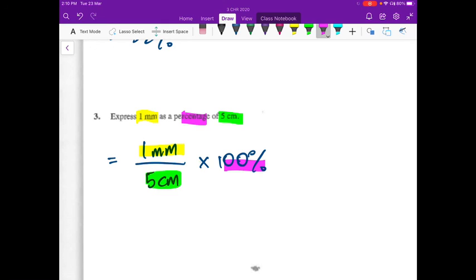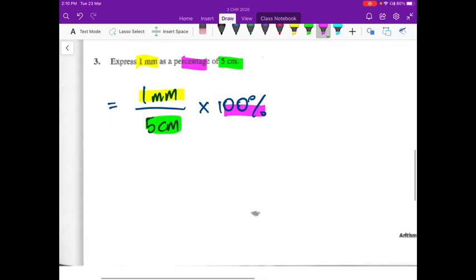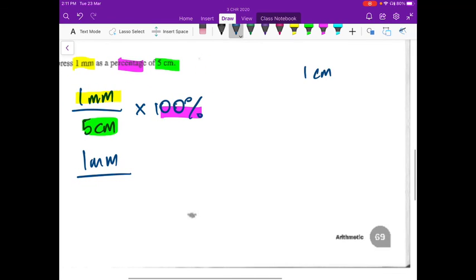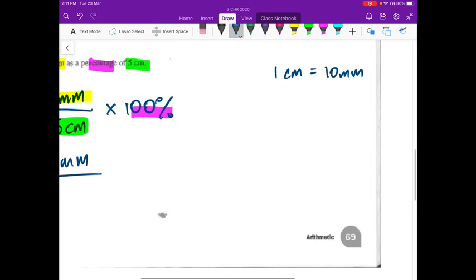Wait. 1 mm as a percentage of 5 cm. So 1 mm out of 5 cm. Then times 100%. So, right now the units are different. We need to make the units the same. 5 cm, how many mm? 1 cm equals 10 mm. This one we can see from our ruler.